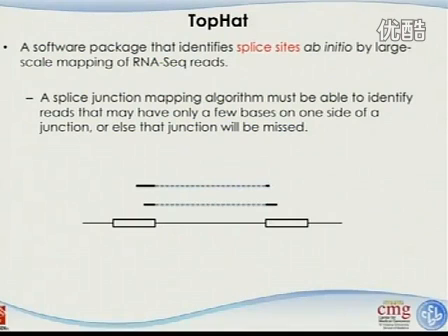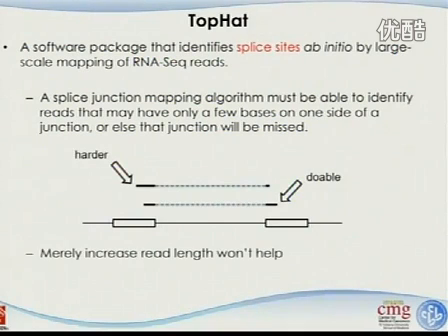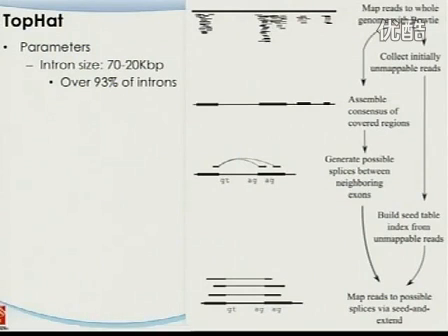So it becomes really, really hard because this part is short. And we don't really have control over what the sequencer did. So this is doable, but this is really, really hard. And for this type of scenario, only increasing read length won't help either.